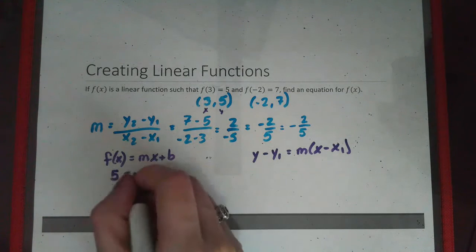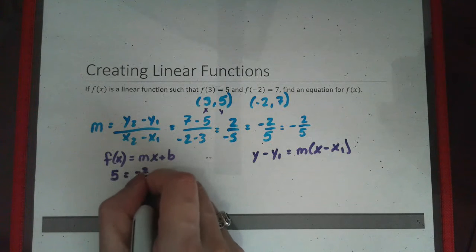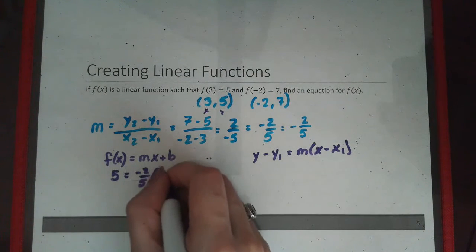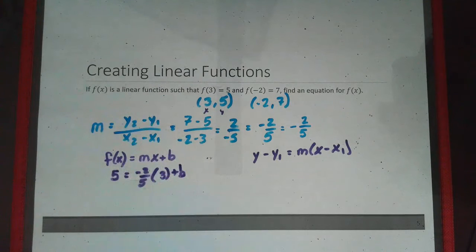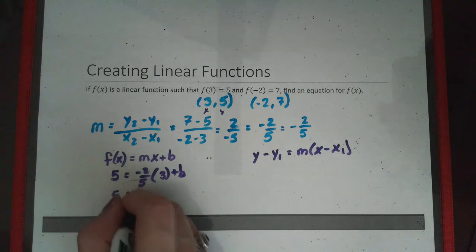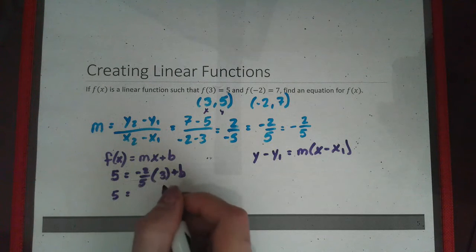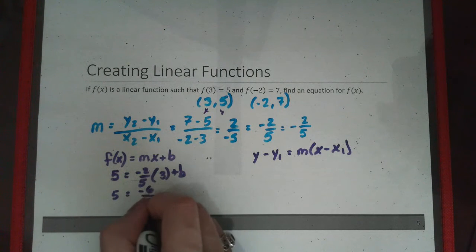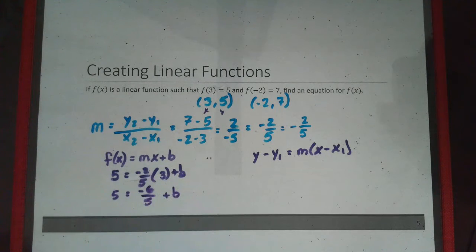That's equal to my m value, negative 2/5, times my x value, 3, plus b. And now I need to solve for b. So 5 is equal to negative 2/5 times 3, which is negative 6/5, plus b.